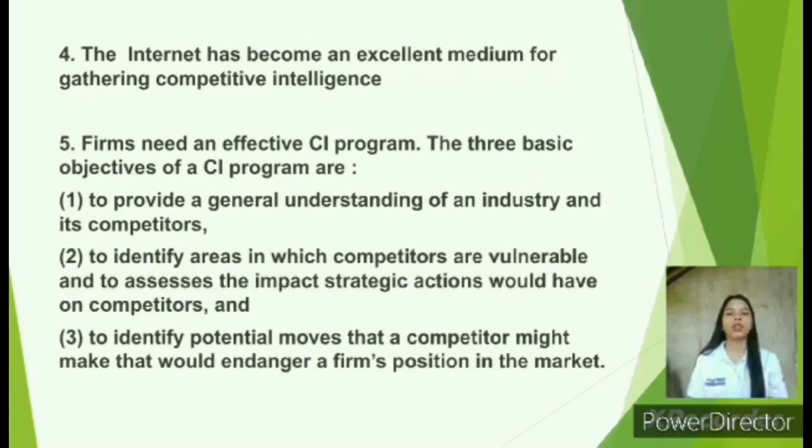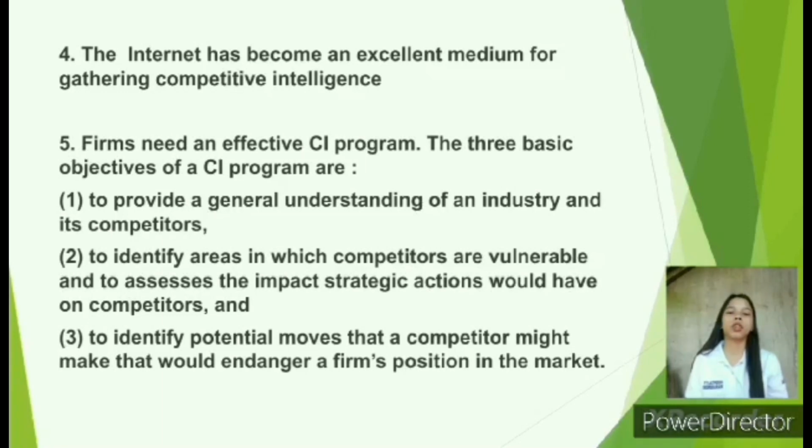Number 4 is the internet has become an excellent medium for gathering competitive intelligence. Number 5 is firms need an effective competitive intelligence program. The 3 basic objectives of a competitive intelligence program are: number 1 is to provide a general understanding of an industry and its competitors.